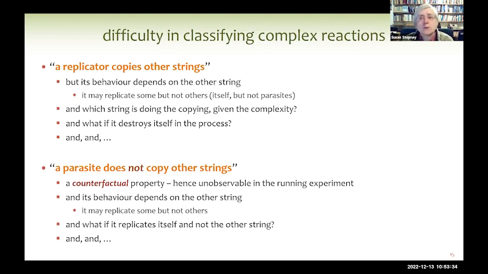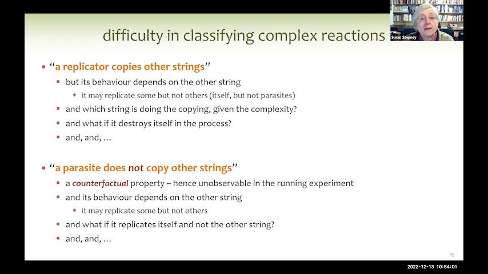And the parasitism is also equally complicated to define. You start off by saying a parasite is one that does not copy other strings. This is even harder, in fact, because this is a counterfactual property. It's unobservable in the running experiment. You can't observe a parasite not copying another string, because the whole point is that it's not doing that. And again, just like with the replicators, the behavior of a parasite depends on the other string.